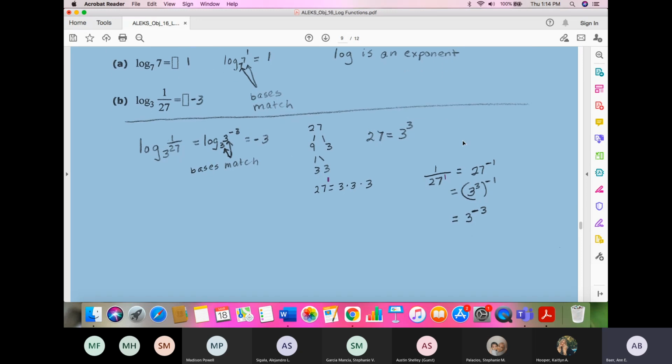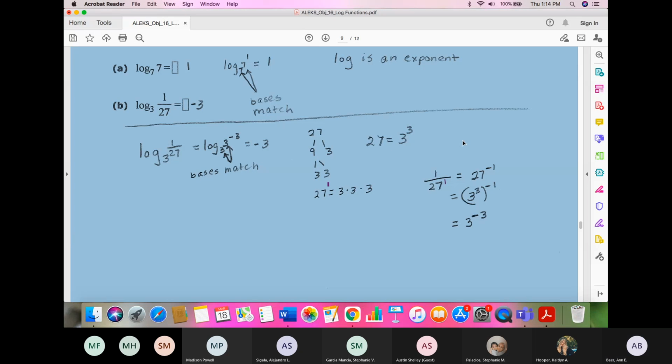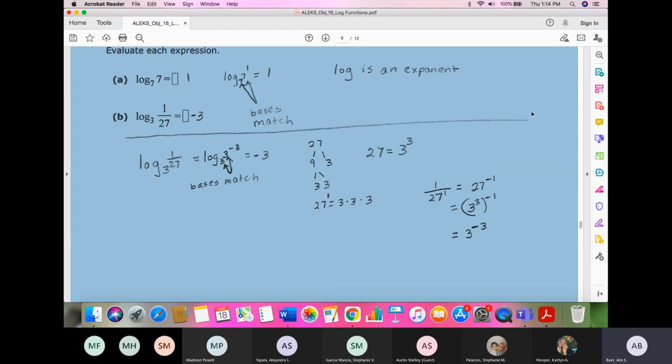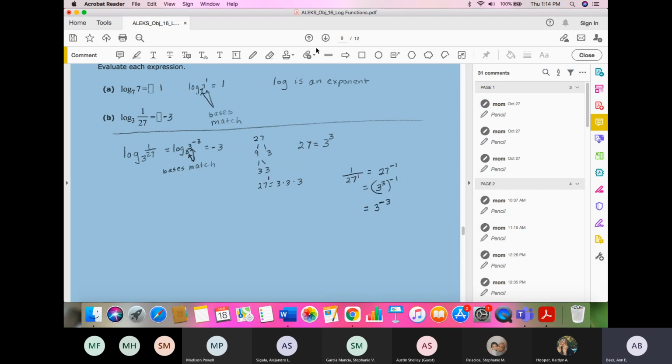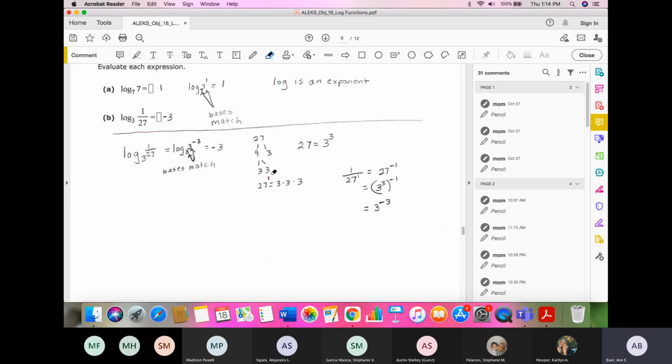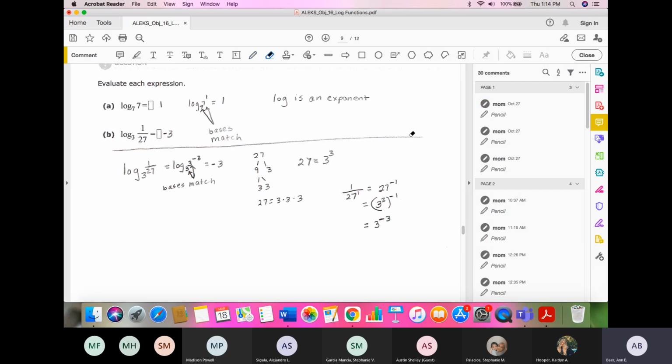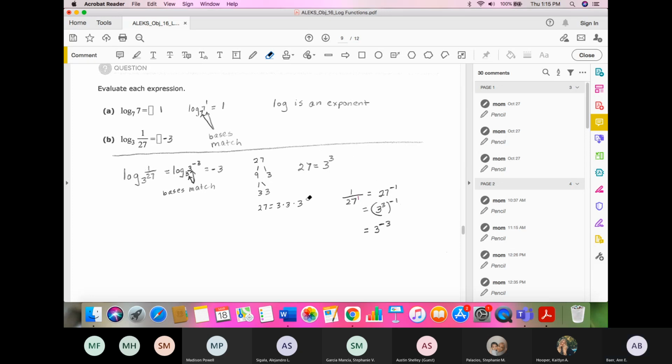Let me look at it from this perspective. 1 over 27: we want to take that out and replace it by something.